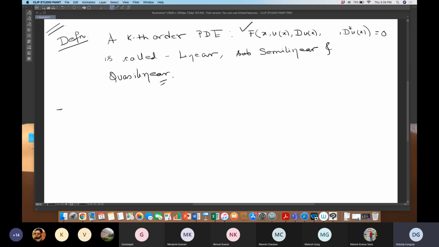Just recall. The Laplace equation. Laplacian. What is a semilinear example?